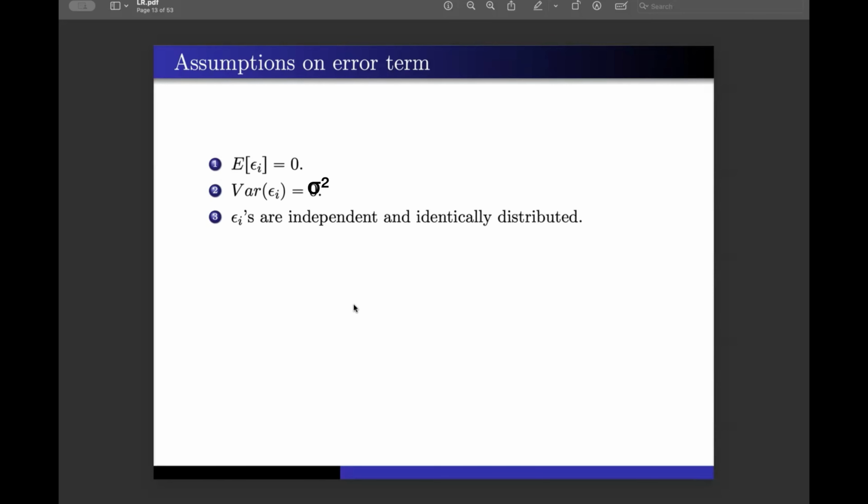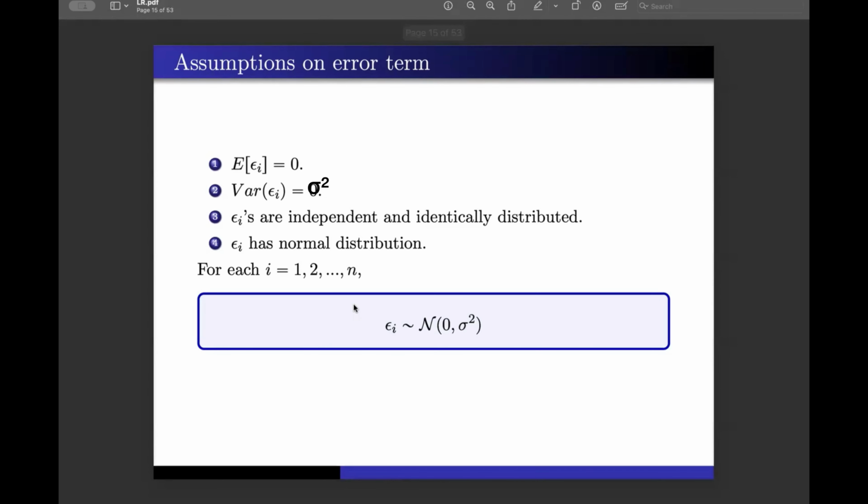So epsilon i is completely independent of epsilon j. And the fourth assumption we make on the error term is that all epsilon i's have a normal distribution. For any specific observation i, where i can take value 1 to n, epsilon i has a normal distribution with mean 0 and variance sigma square.